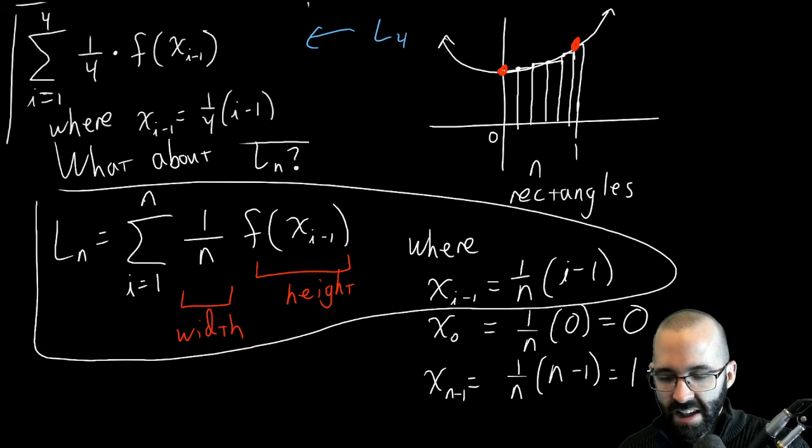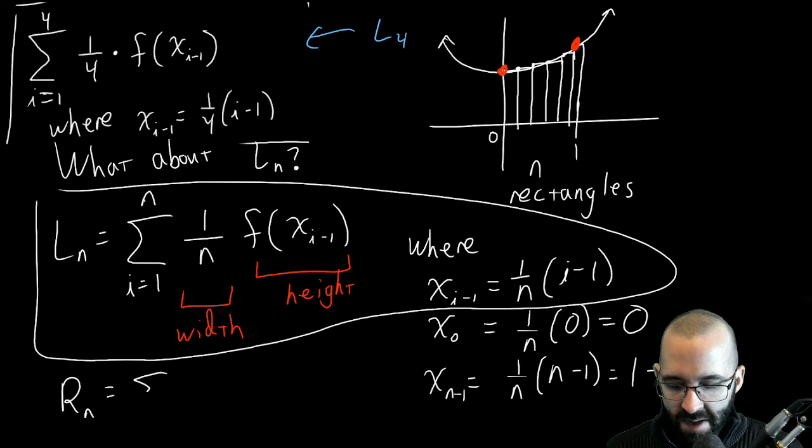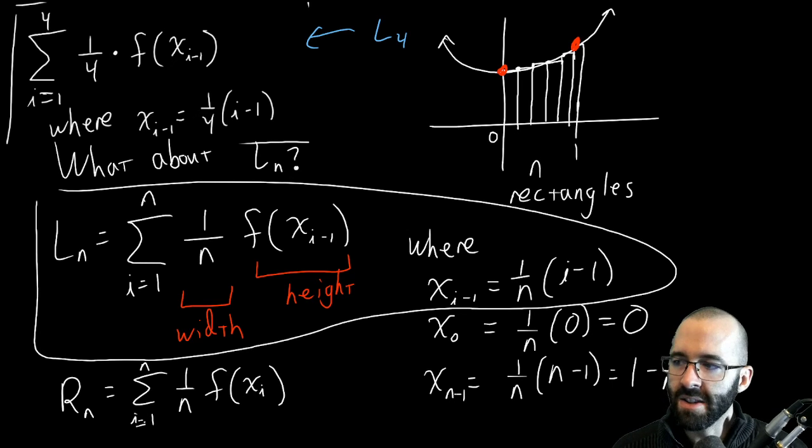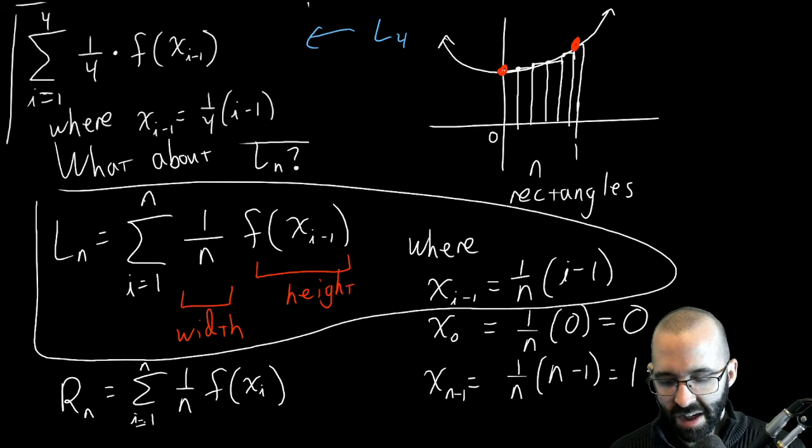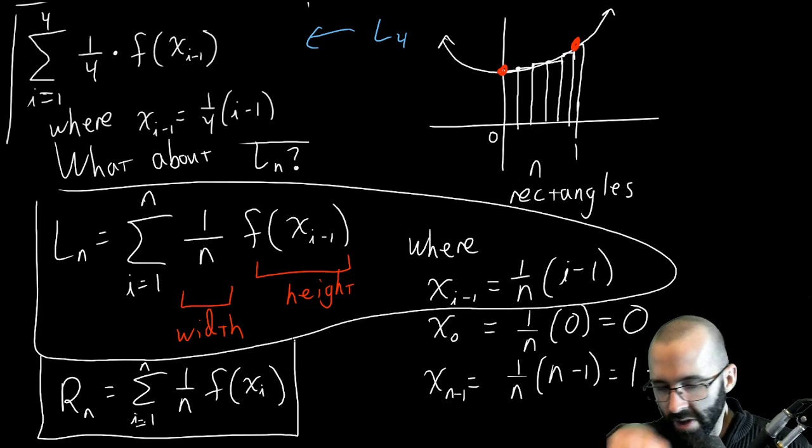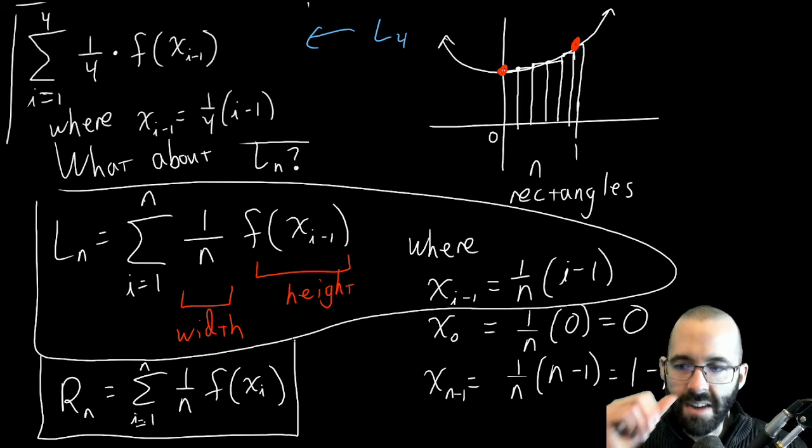Okay. And as a side note, if you want this down in your notes, r sub n is going to be almost exactly the same. The only thing that changes between left and right is the index. It probably would have been easier to start with right and then go to left because the I minus 1 is a bit confusing. If you wanted this, the ones from the right is almost exactly the same.